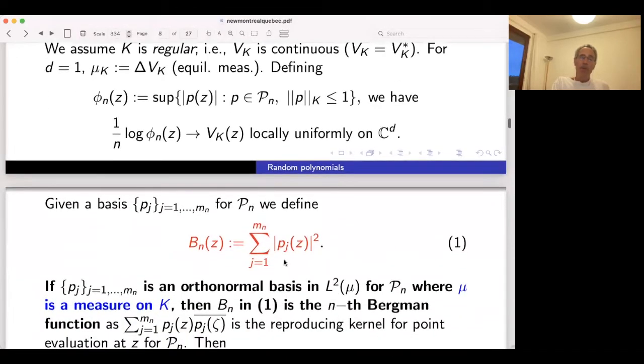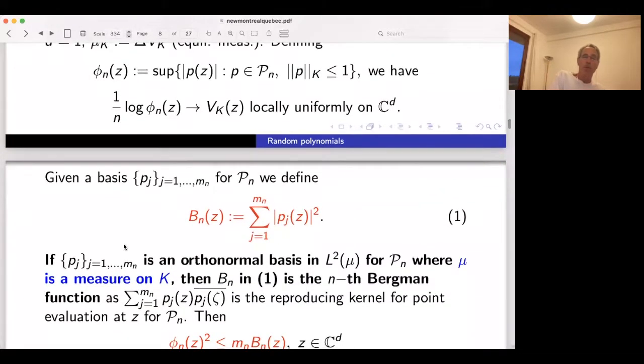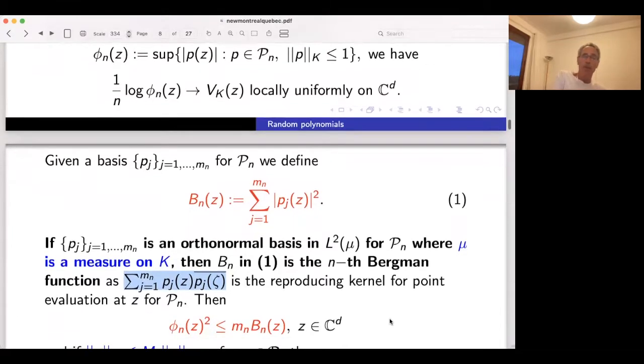Well, if you've seen something like this before, that is, if this basis were an orthonormal basis for the polynomials of degree at most n in L2 of some measure supported on K, think of a probability measure on K, then this B_n is nothing more than what we might call the nth Bergman function for this measure mu on K. That is, if you form this sum of p_j(z) times p_j(zeta) bar, that's the reproducing kernel for point evaluation at the point z for polynomials of degree n in this space.